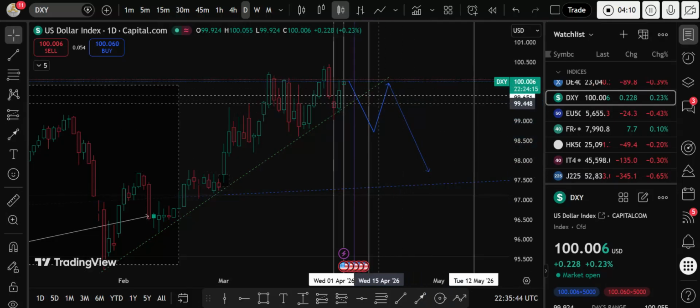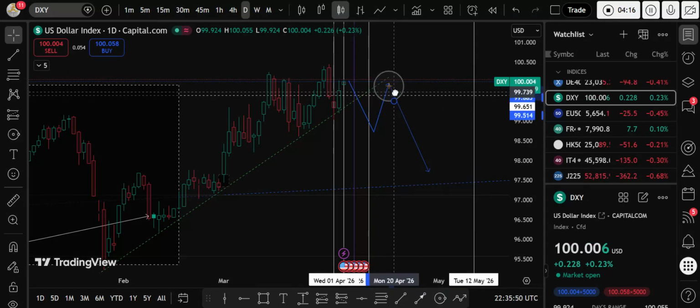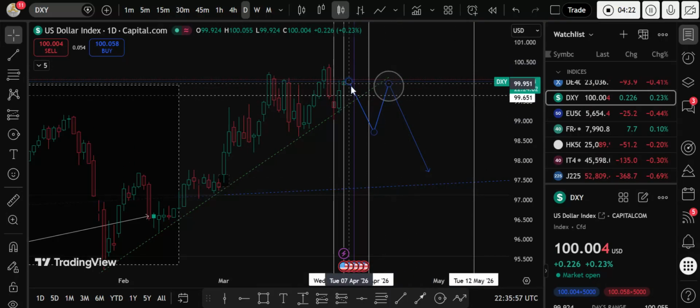So we're looking for a sell entry around this point, a sell entry as the market leads us. So that's for the DXY.